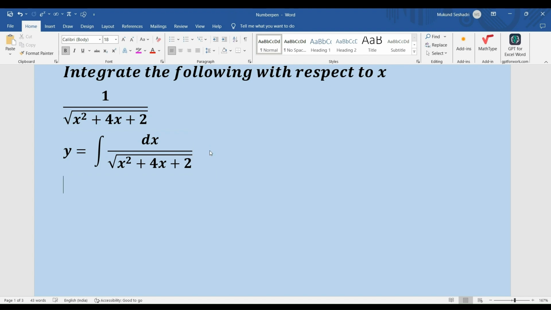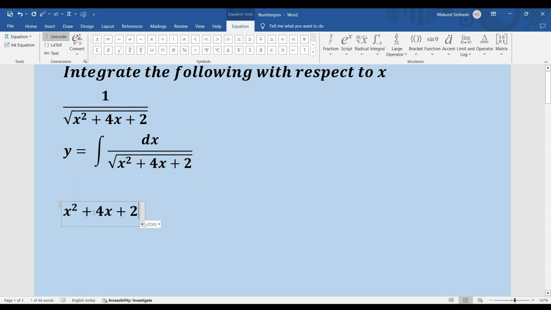So let's re-express the quadratic expression in the format which I mentioned just now. I'm going to pick only the quadratic expression I have inside, and let's do a bit of working on that. I have x squared plus 4x plus 2, and my x square I retain as it is, but my 4x I'm going to write as 2 times 2x, right? And then I have a plus 2 here. So I know that a plus b the whole square equals a square plus b square plus 2ab, right?